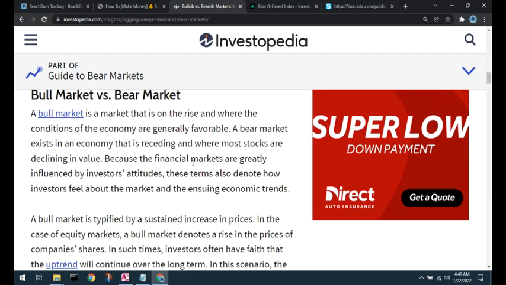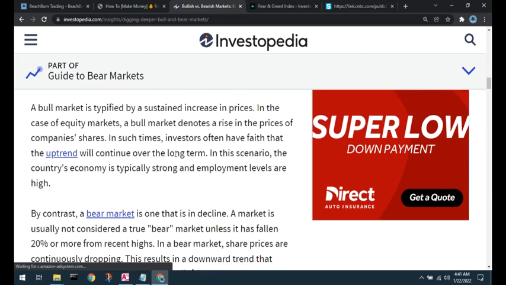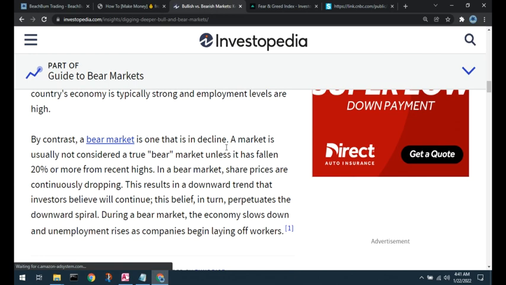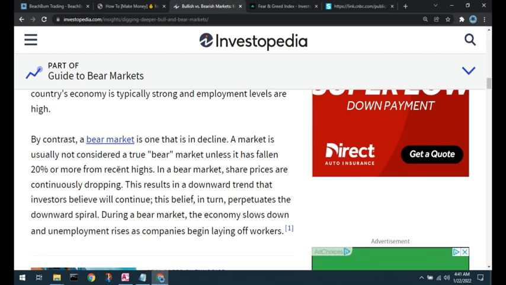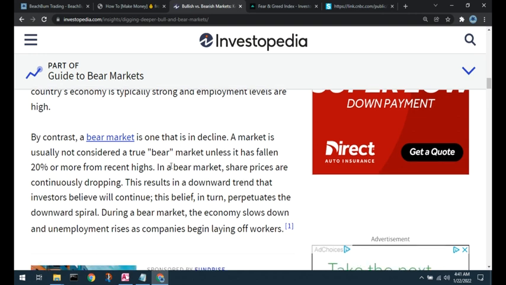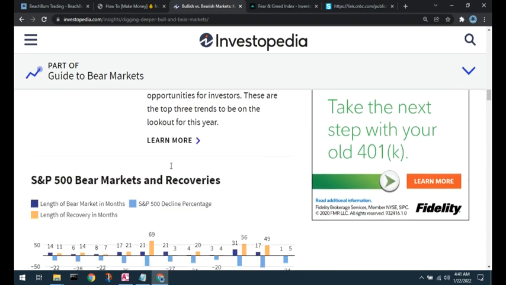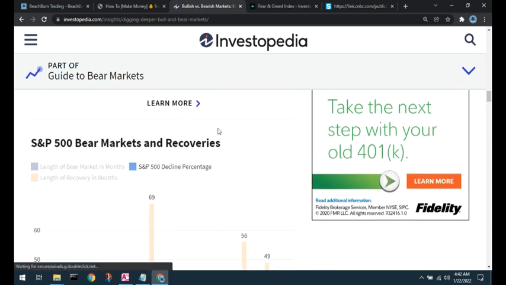So again, you can read this in more detail. Bear markets, when in decline, are typically defined as 20% below the recent high. I think we've reached the 20%. We're somewhere in the 15 to 20% decline range. Whether or not technically we're in a bear market, I don't think that's as important as how we make money in the various markets.